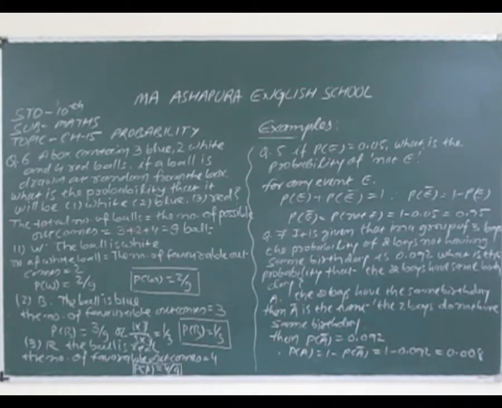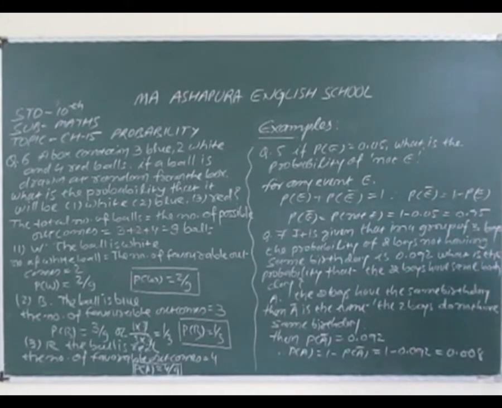Question number 5. Look here. Once again, let's see the board. Question number 5: if P of E, the probability of event E, is equal to 0.05, what is the probability of not E?